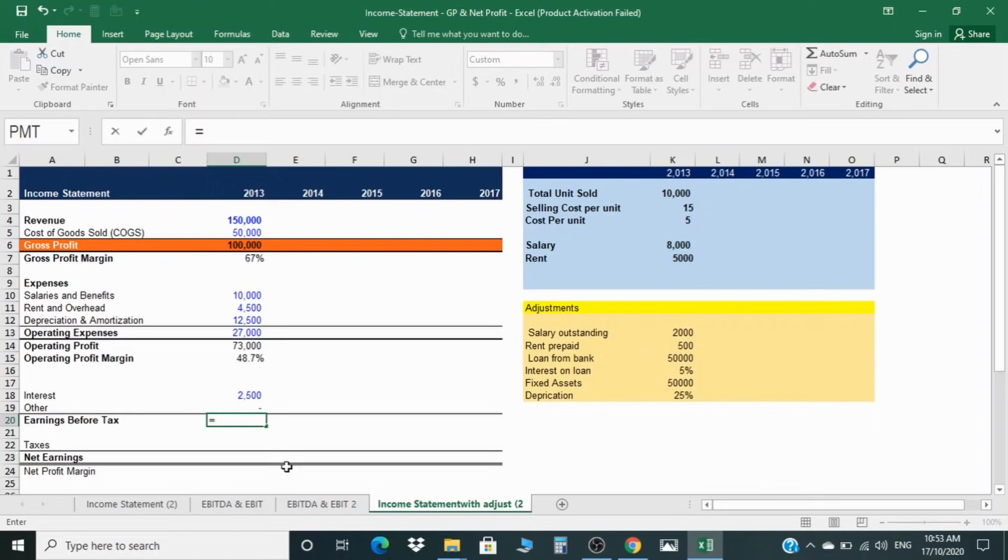You have to calculate your earning before tax. By profit minus interest, you will get your earning before tax, which is 70,500. Now we calculate tax, and I didn't put the percentage of tax here, so you can make another tag, 30% of tax, on the same one.